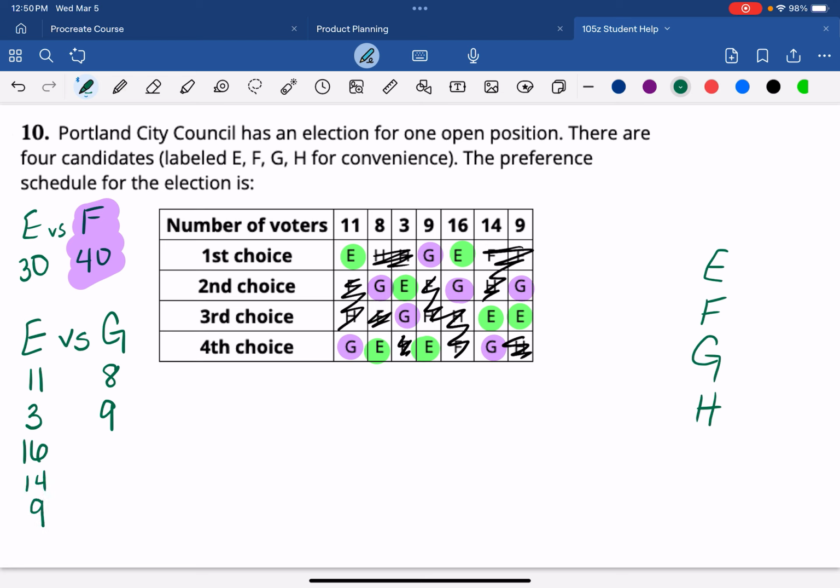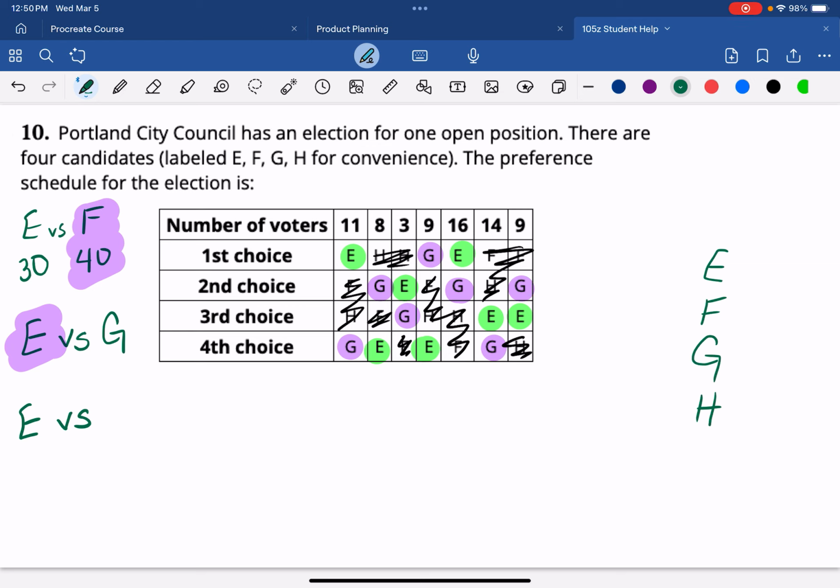I don't need to add these up to determine who the winner is. In this case, we can see by far E is going to be the winner of that comparison. And I'm erasing so that I can have enough space for all of these comparisons. But you would probably want to keep yours on your paper rather than erasing.